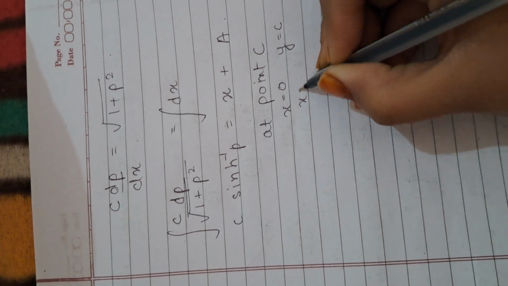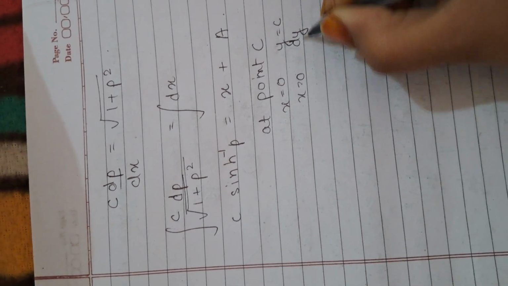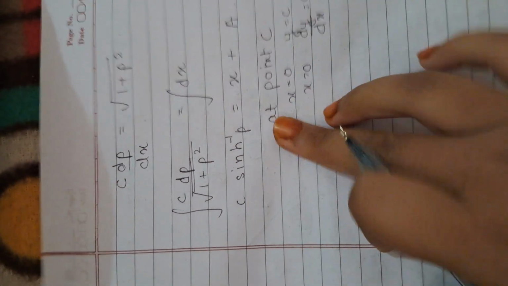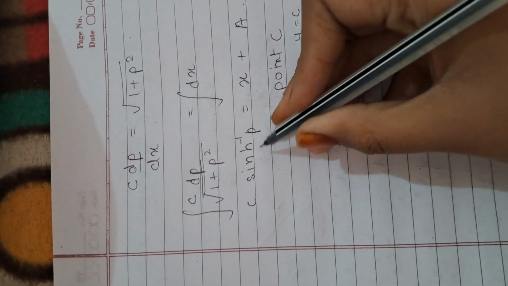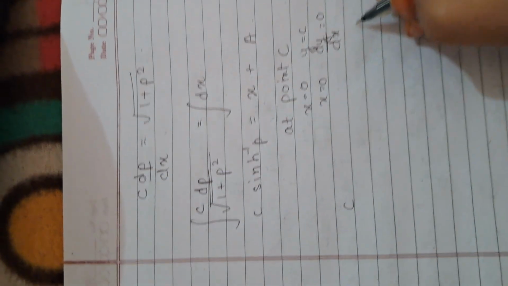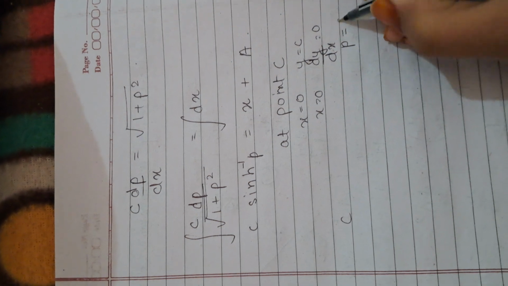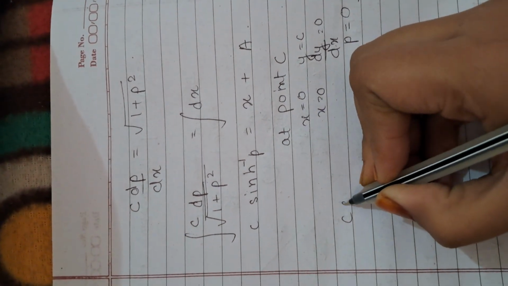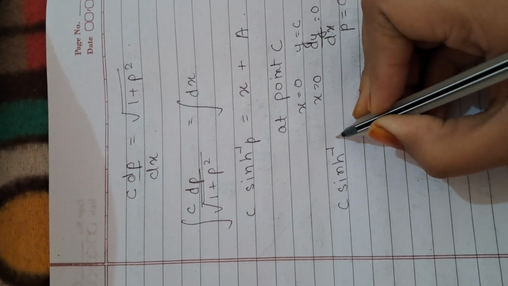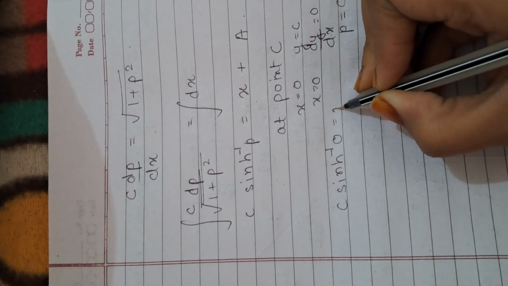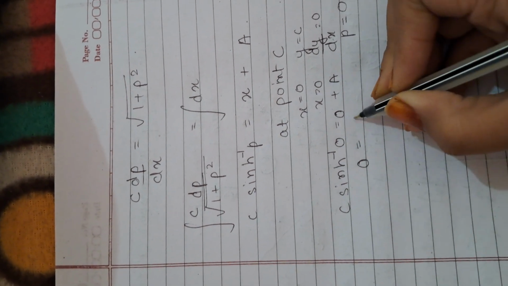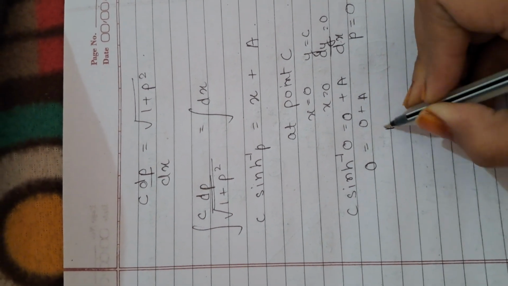So x will be 0 and dy by dx will also become 0, so p equals 0. Then c sine hyperbolic inverse 0 equals 0 plus a, so a will be 0.